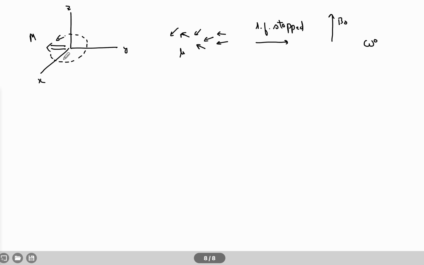So 500 megahertz means 500 into 10 to the power 6 rotations per second.